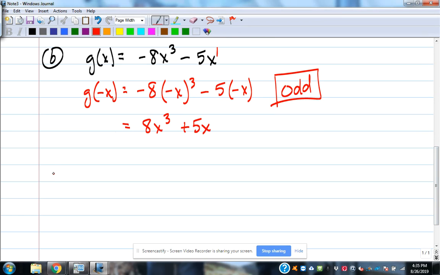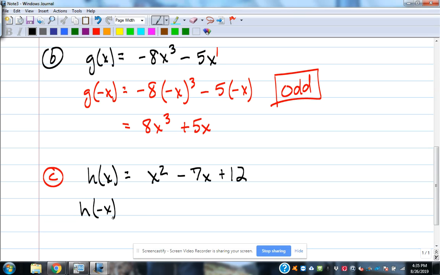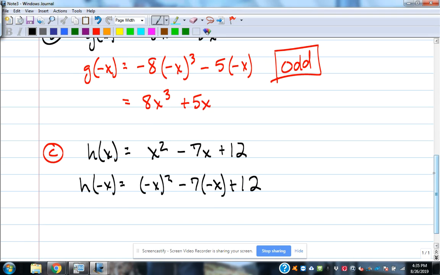For example, h of x is equal to x squared minus 7x plus 12. If I plug in negative x to that problem, to be even, everything has to come back exactly like it started. To be odd, everything has to change signs. Is that 12 ever going to change signs? It's never going to change at all. It's going to come back the same.